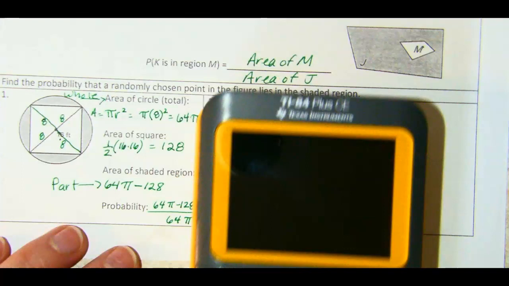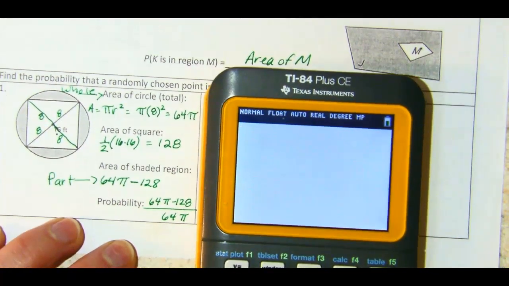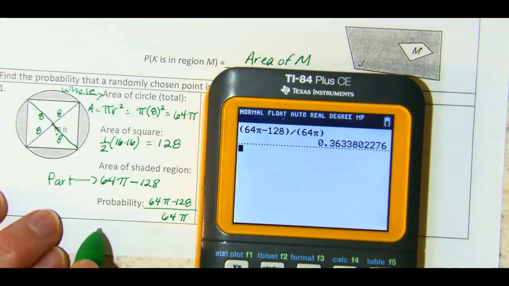So we're going to have to do this on the calculator. So it is on the top 64 pi, subtract 128, divided by, again, use parentheses on everything or use the fraction key, 64 pi. So I'm going to get 0.36 for the probability.